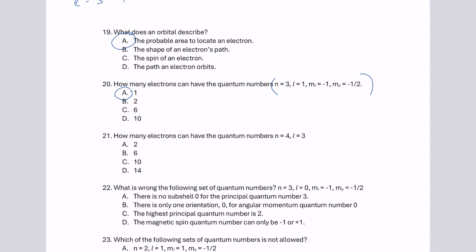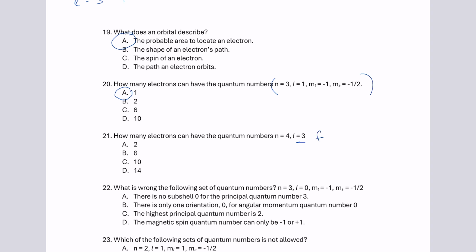Problem 21 says, how many electrons can have the quantum numbers n equals 4, l equals 3? So notice in this problem, we're only given the principal quantum number, which tells us that the electrons are in the 4th energy shell, and we're given the angular momentum quantum number, l equals 3. And that specifies that we are dealing with the f subshell.